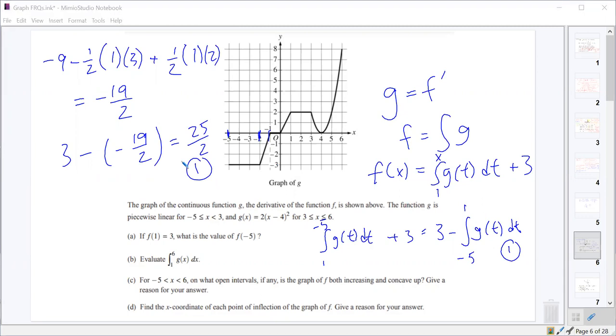I flipped the integral from 1 to -5 to -5 to 1 because we always want the smaller value to be on the bottom, in the lower limit, and the larger value in the upper limit. That way we can just integrate from left to right, finding the area. Does that make sense? Yeah, thank you. Everybody good with part A?